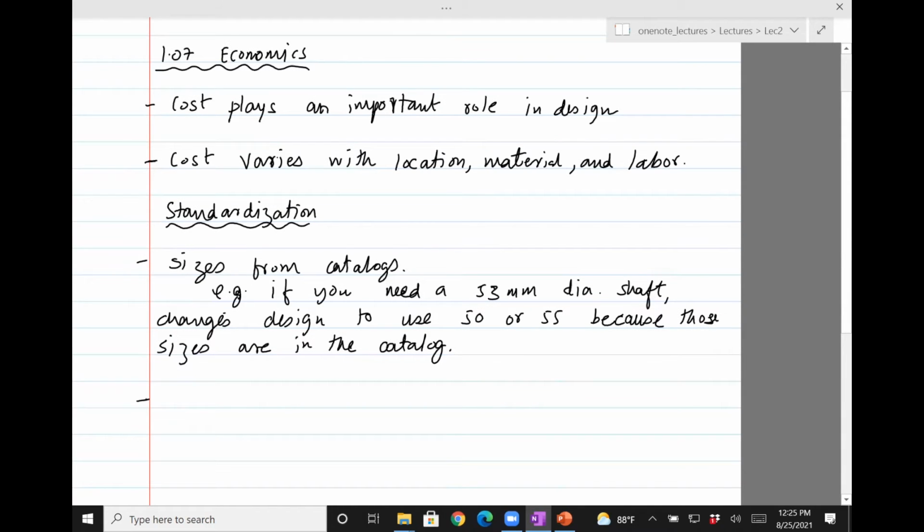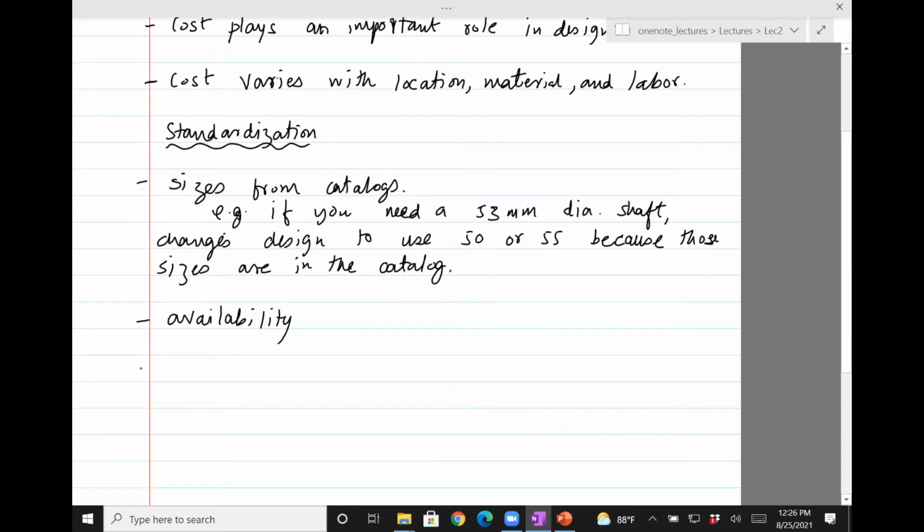The other one is the availability. Maybe if you are choosing between 50 and 55, it's possible that the part which is 50 is sold by more vendors than the one in 55. So it clearly makes sense to then go for 50 versus 55.